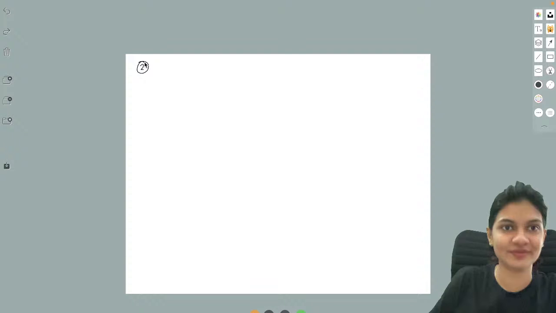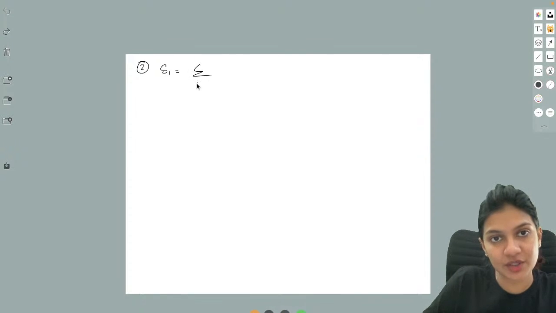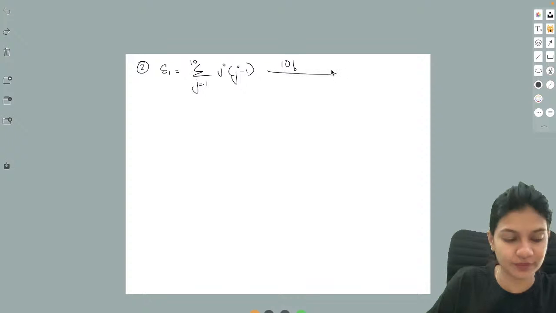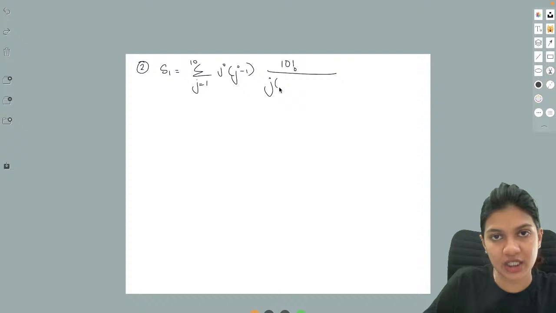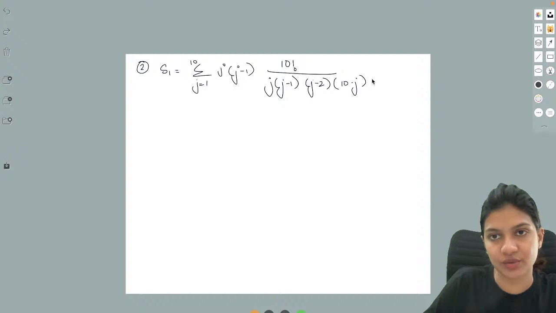Given that S1 is equal to sigma j equals 1 to 10, j into j minus 1, 10 Cj. This can be written as 10 factorial upon j into j minus 1 into j minus 2 factorial into 10 minus j factorial.